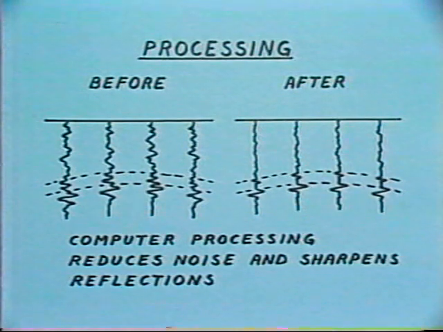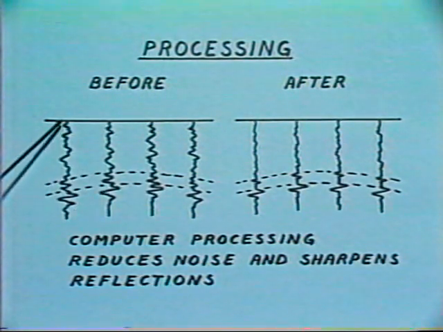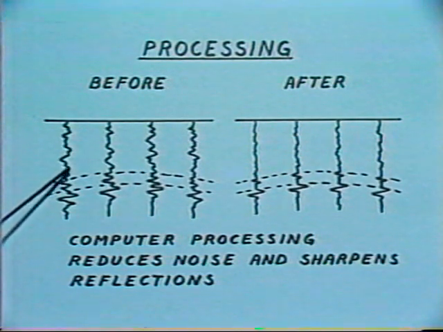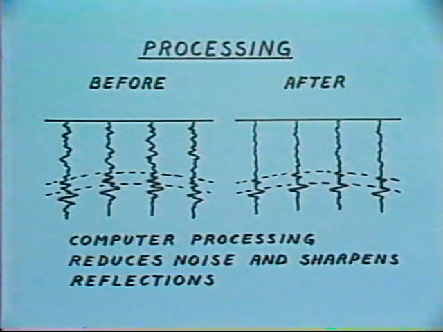A typical recording in a situation just shown would produce a set of traces which look more like this, where there's a great deal of unwanted noise and other kinds of reflection events on the seismic traces. So it would become very difficult to actually identify which of these events came from a particular reflector.